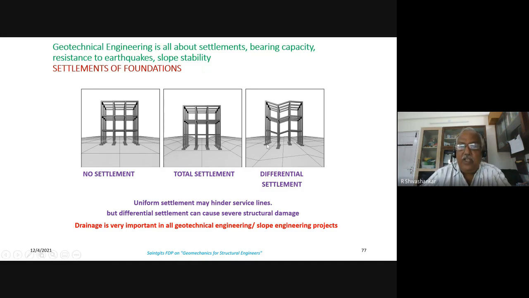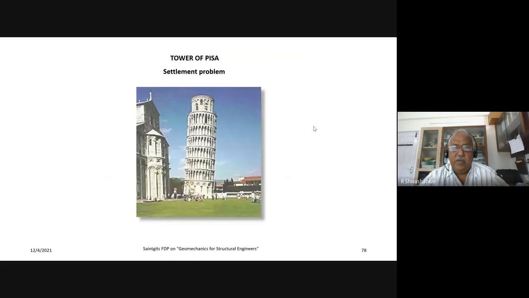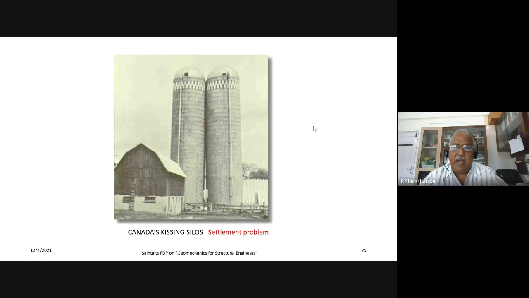But if one line of columns is supported on hard strata and another line of columns on soft strata, then you have differential settlements. We must have studied in structural engineering about sinking supports, which will have additional moment 6EI delta by L square, if I remember correctly. We might not have considered those additional moments, and that might cause the structural members to break and cause failure. So settlements are important to be tackled in civil engineering from a geotechnical engineering point of view.